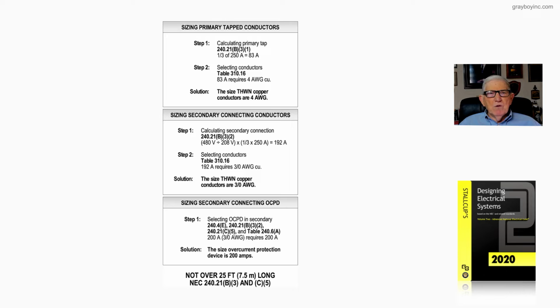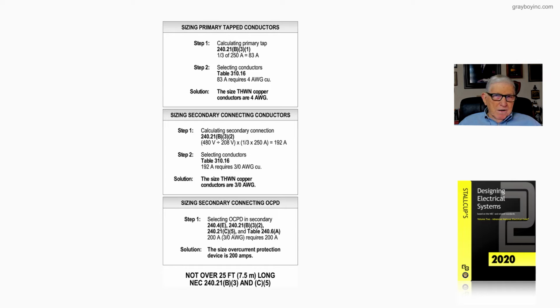Now we want to size the secondary conductors in accordance with 240.21(B)(3) item 2, and we're going to take 480 divided by 208 volt times 1/3 times 250. We come up with 192 amp.